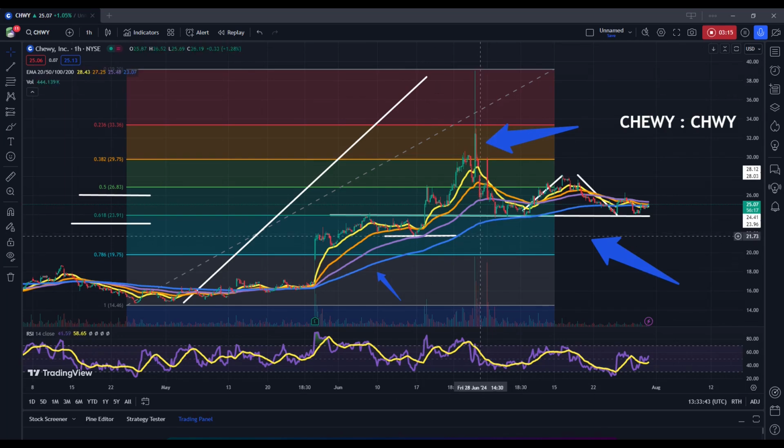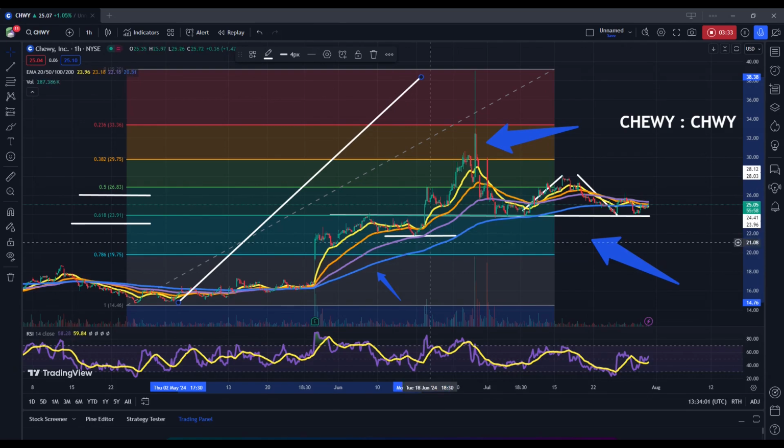So this prior support zone comes in at roughly 21.80, the next historical support zone to the downside. From here, we would be looking at another Fibonacci retracement, the 78.6% retracement of this dominant trending move, which would come in just below the $20 mark, roughly 19.75.